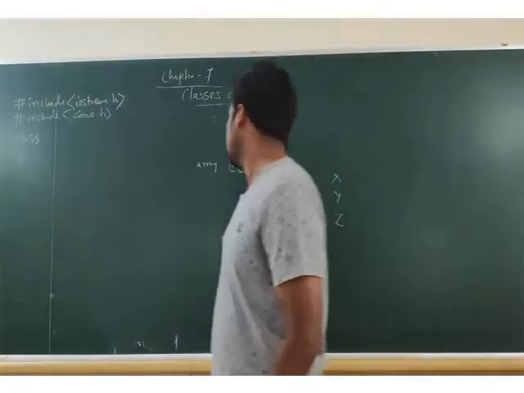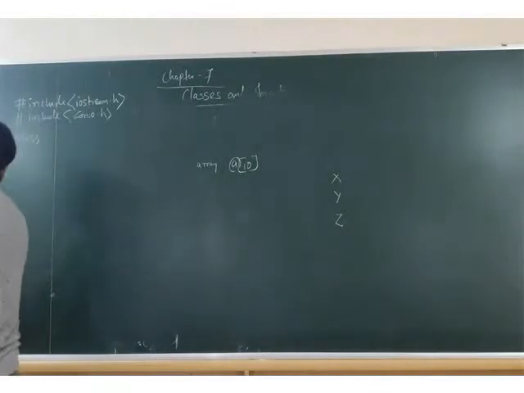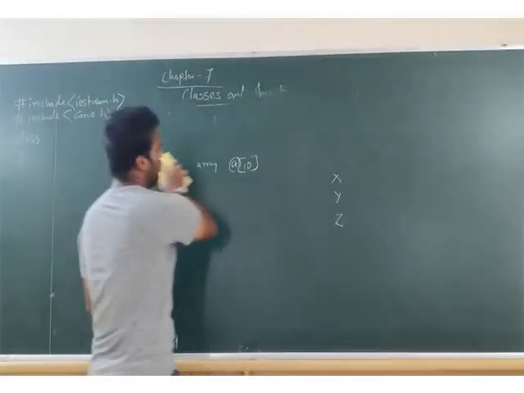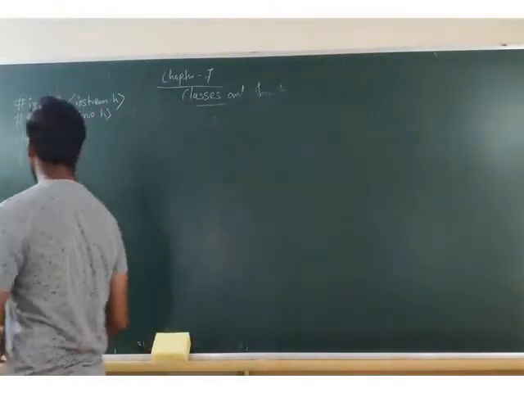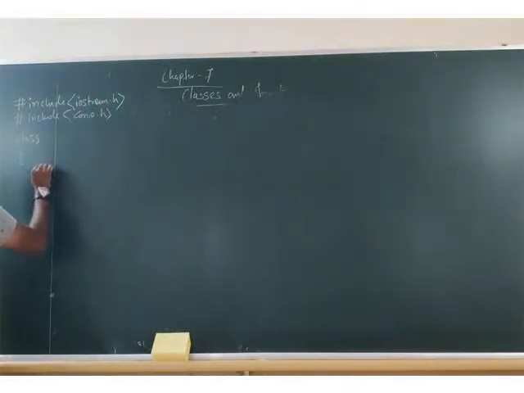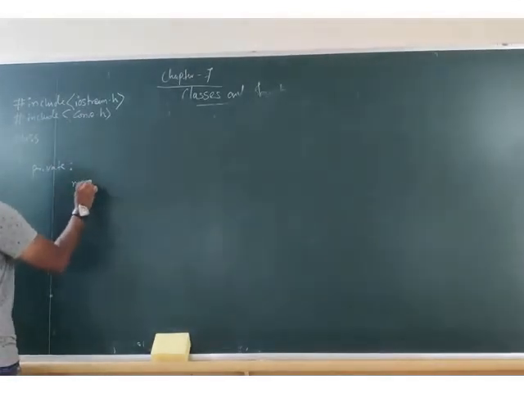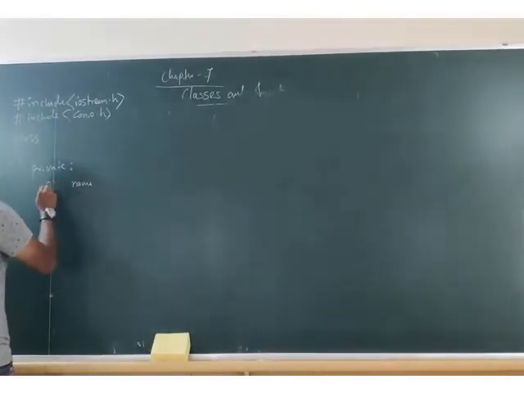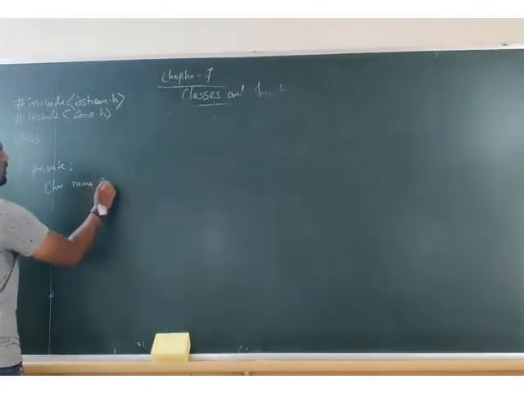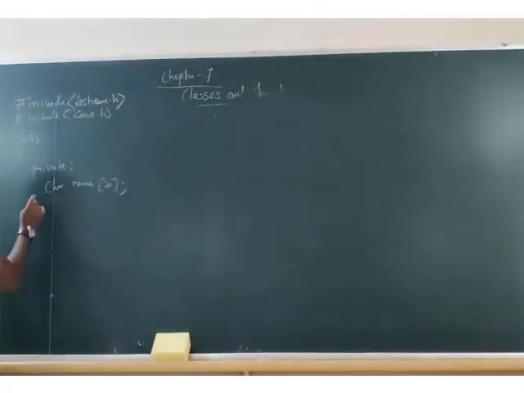So let's write a program so that you can understand how it will execute. Private. What do I want to execute? I just want to execute name. So char name of the student, 20.